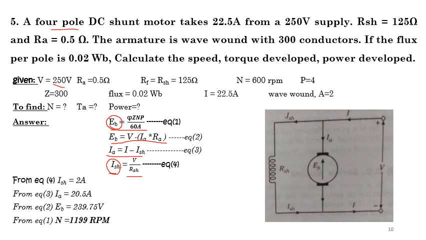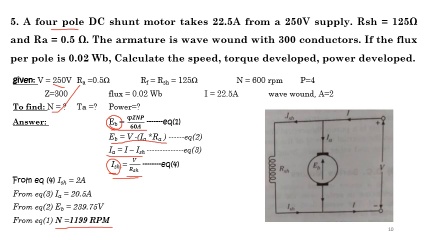So first you calculate Ish, then you can substitute in equation 3. Once you get Ia, you can substitute in equation 2. Once you get Eb, you can substitute in equation 1 and then you get the speed. So your first question is solved.